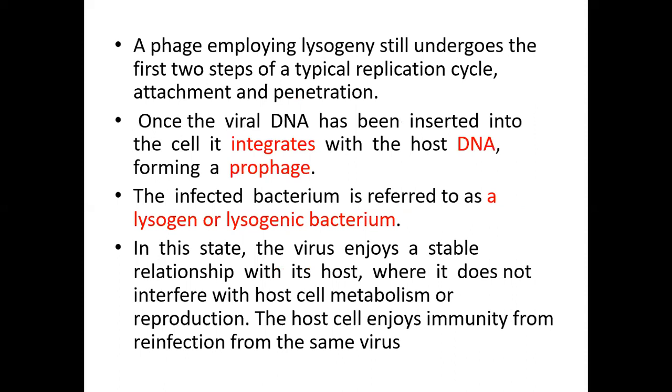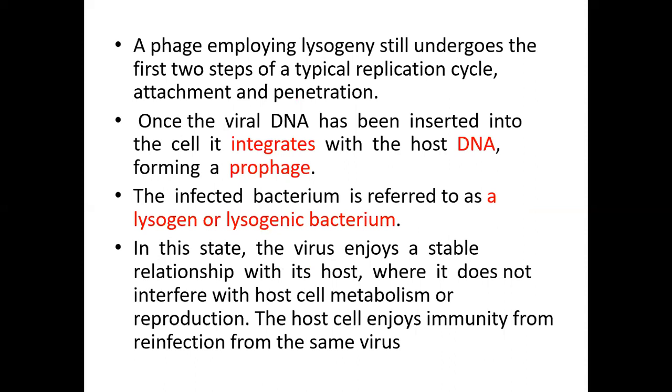A phage employing lysogeny still undergoes the first two steps of a typical replication cycle, attachment and penetration. Once the viral DNA has been inserted into the cell, it is integrated with the host cell DNA, forming a prophage. This process is very similar to the latent infection of the viruses of the eukaryotic cell.